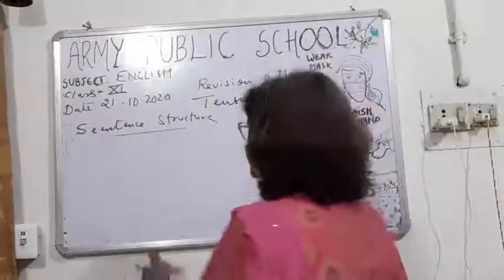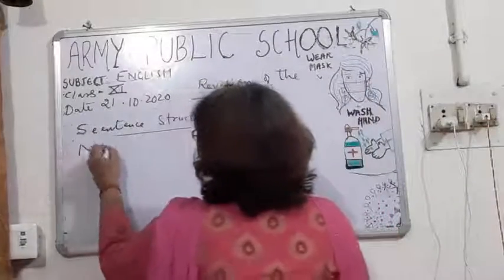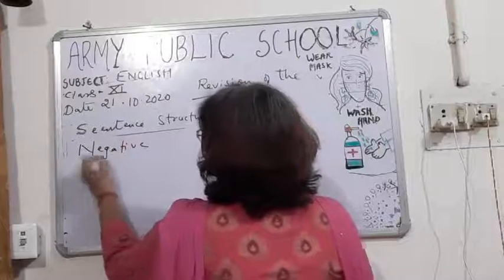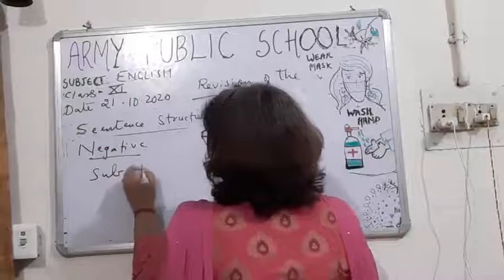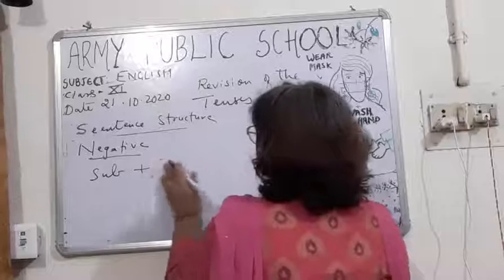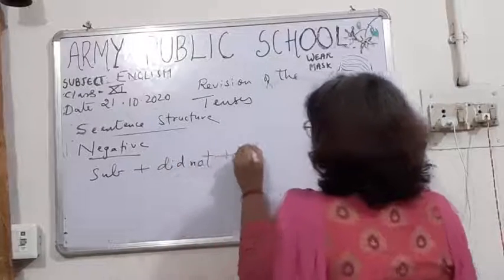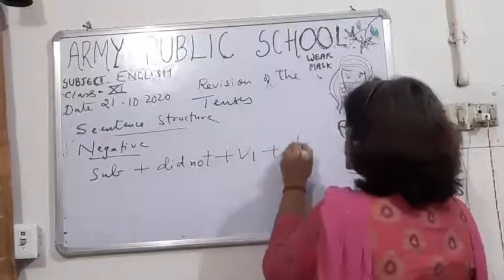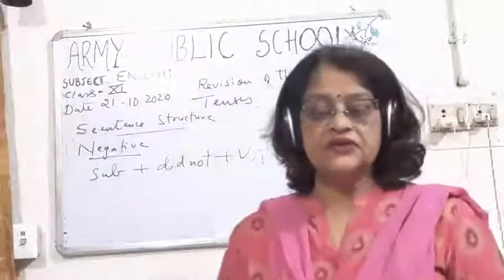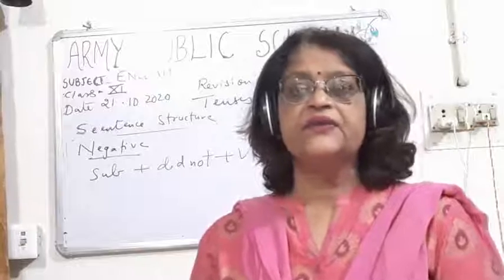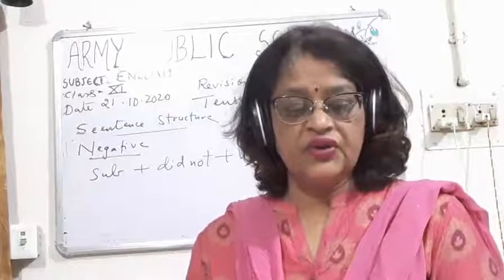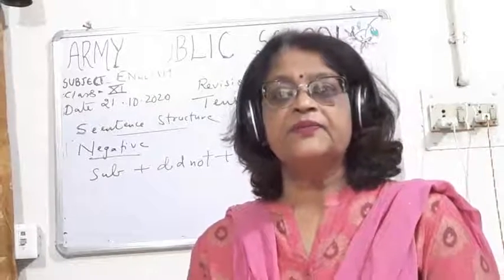So the sentence structure of the simple past tense negative sentence: subject plus did not plus V1 plus object. Subject plus did not plus V1 plus object.